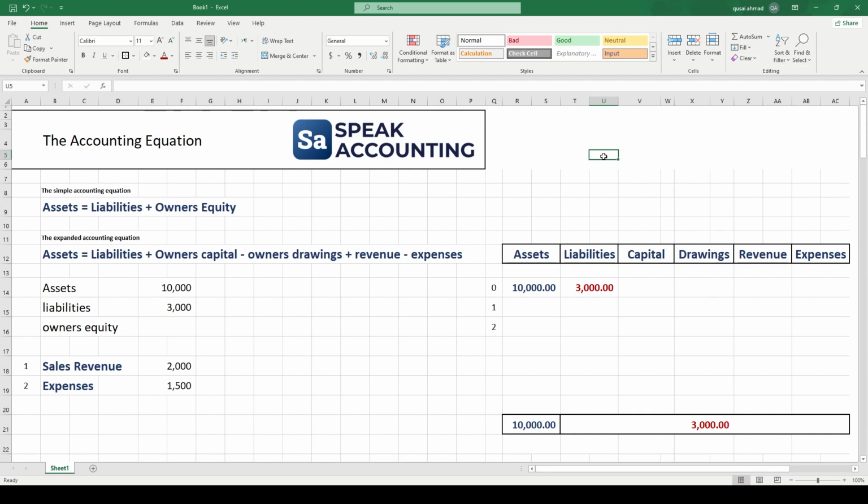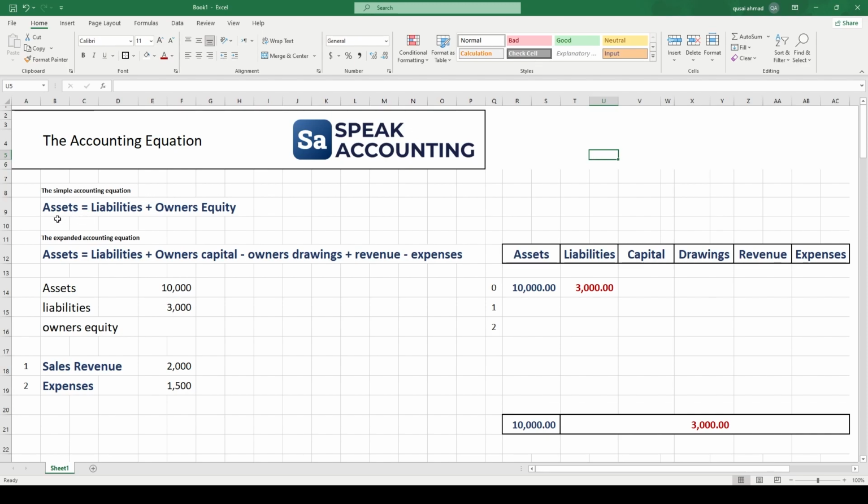First we have to know that the accounting equation is a simple thing, but also crucial. It's one of the most important things when it comes to accounting because it has to be balanced at all times. So let's see what the accounting equation is.